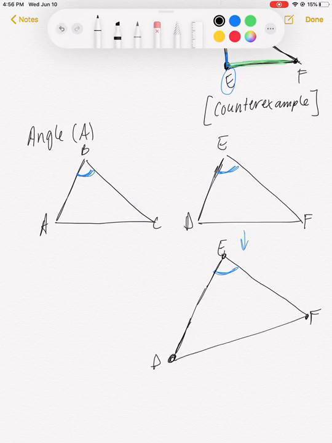Okay. Notice that the angle has been preserved. What has happened to the other parts? Well, EF hasn't changed at all, so that's good. But DE has gotten longer. Okay, so this is longer. Angle F has opened up.